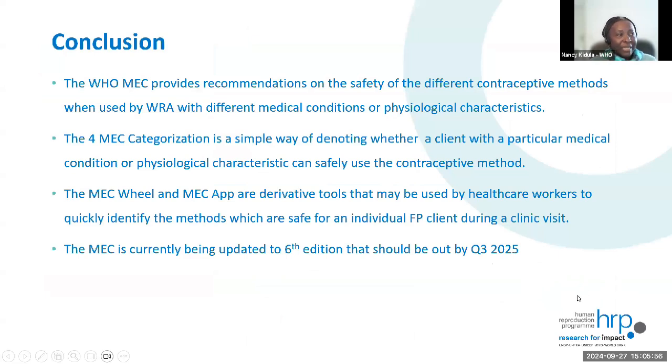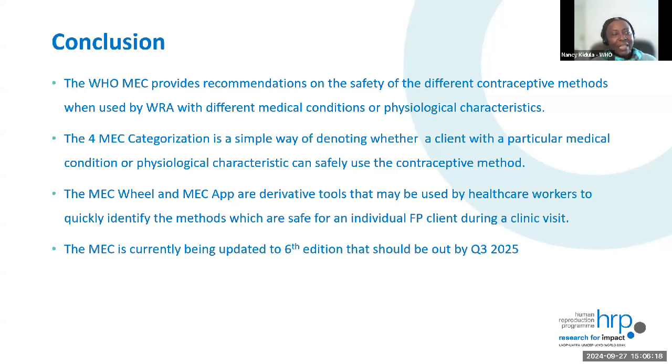So in conclusion, what are we saying? We have this WHO medical eligibility criteria that addresses a very important factor in contraception, which is safety of different contraceptive methods when used by women of reproductive age with different medical conditions or physiological characteristics. What is that telling us?